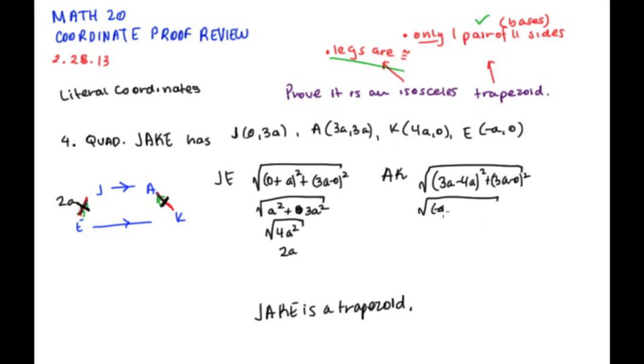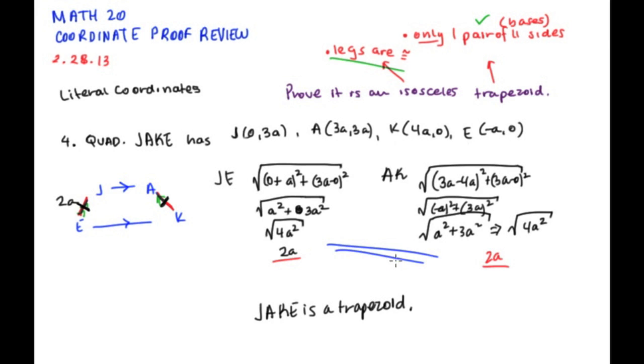This is going to be negative A squared plus 3A squared. This is going to be A squared plus 3A squared. So this just becomes 4A squared. Combine the like terms, and when we take the square root of all this, it's 2A. As you can see, we've gotten 2A for both our answers.